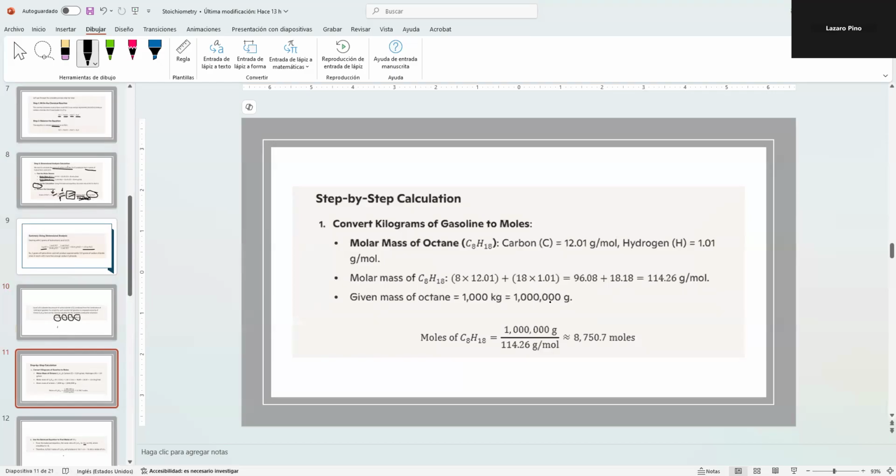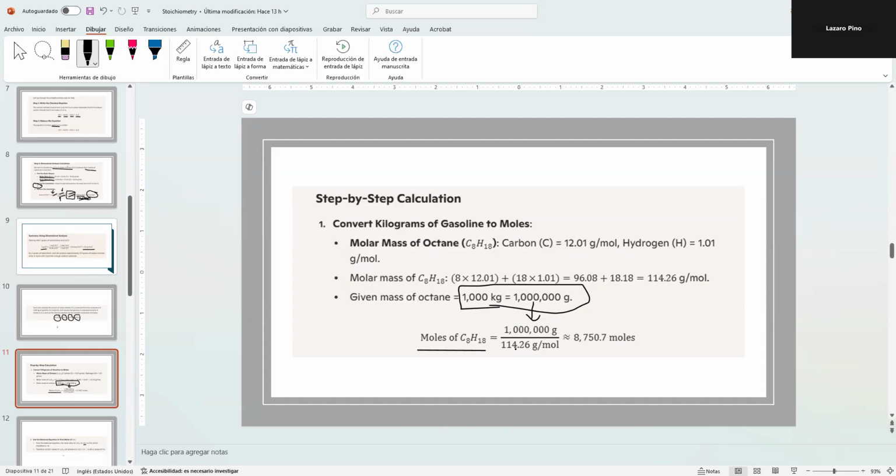So we want to know first how many moles of gasoline you have from 1,000 kilograms of octane. Octane is gasoline. So first you convert kilograms into grams. That is 1 million grams.